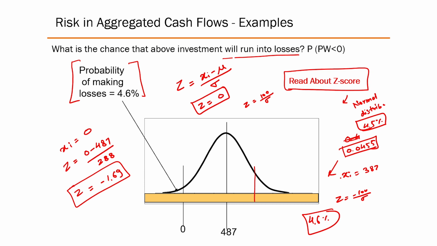Understand? So again, we have covered quite a lot of things today in terms of how to use the expected value and the sigma to estimate the decision making related variable, the probability of decision making, under which what is the chance that you will run into profit, what is the chance that you will have at least this much profit, and so on and so forth, right? And we again follow this.